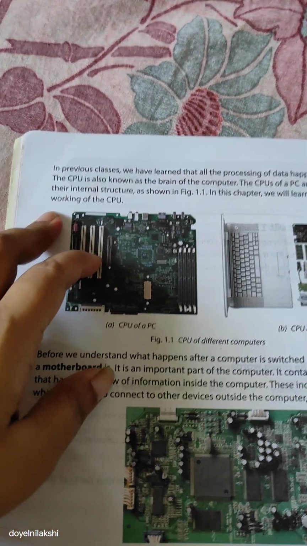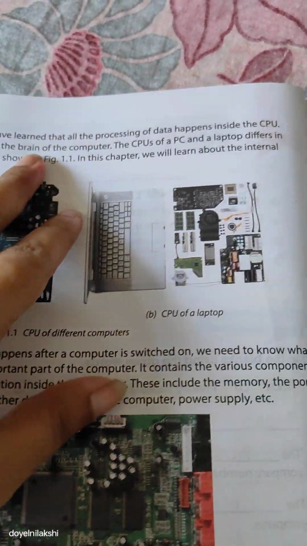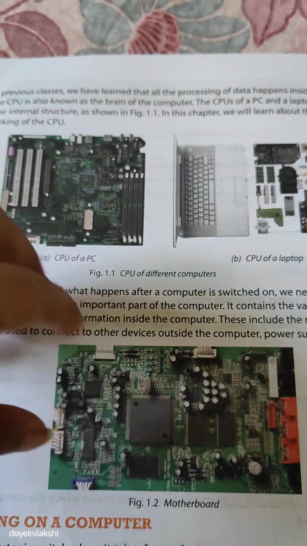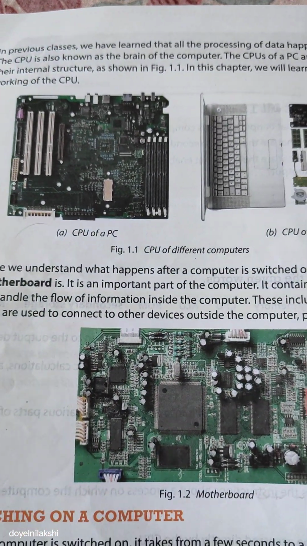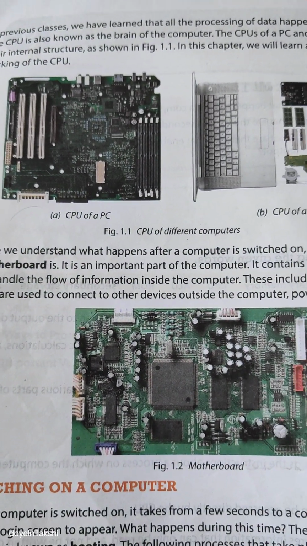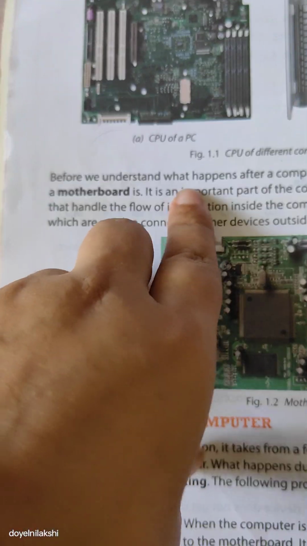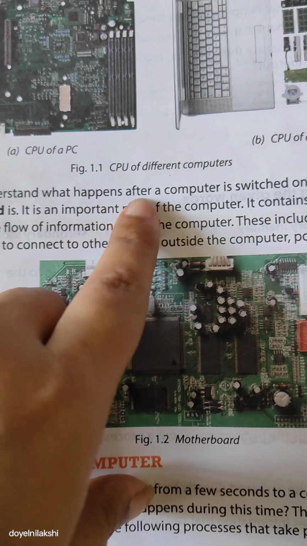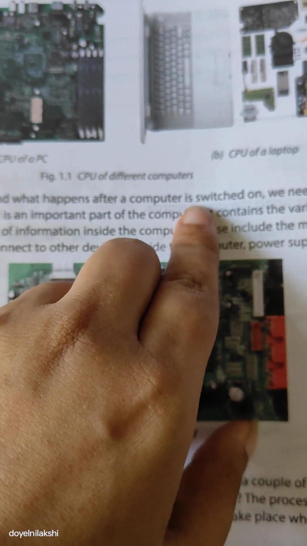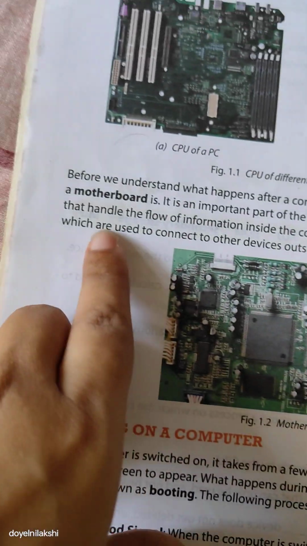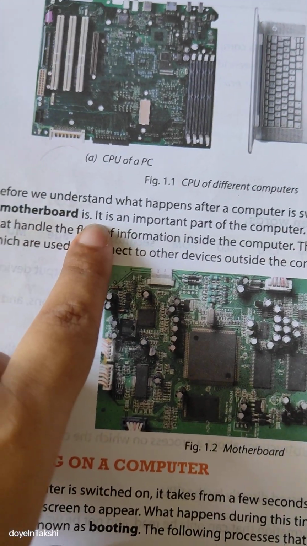Central processing unit is known as the brain of the computer. It controls everything within the computer. It controls all the activities within the computer. Before we understand what happens after a computer is switched on, we need to know what a motherboard is.